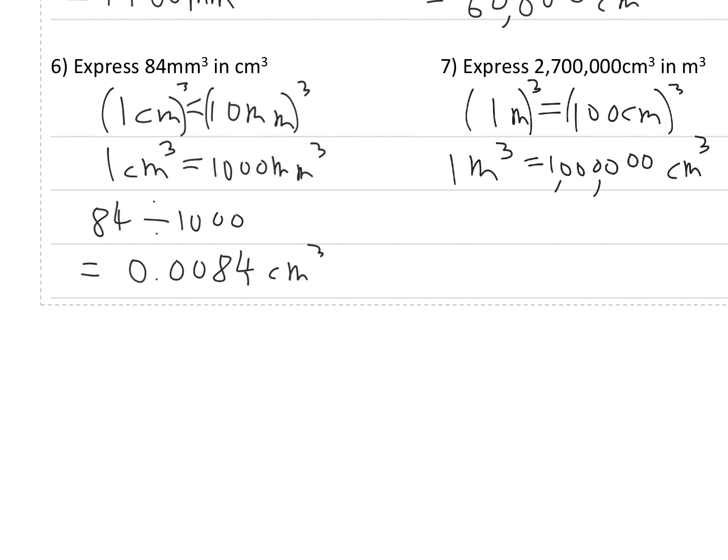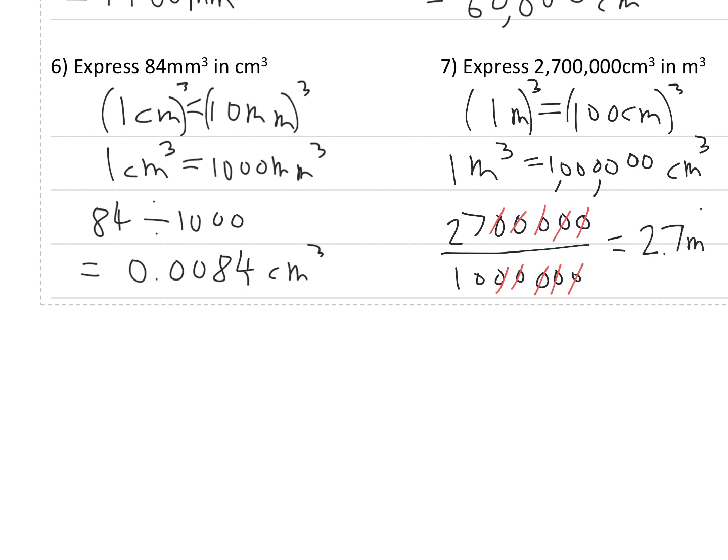So if we're going to change 2,700,000 centimetres cubed into metres cubed, we have to divide by 1,000,000, because 1,000,000 centimetres cubed make up a metre cubed. So that division I'm writing as a fraction, and then I can divide, cancel out 10, 10, 10, 10, and 10. An easier calculation now I've got is 27 divided by 10, which is 2.7, and that's metres cubed.